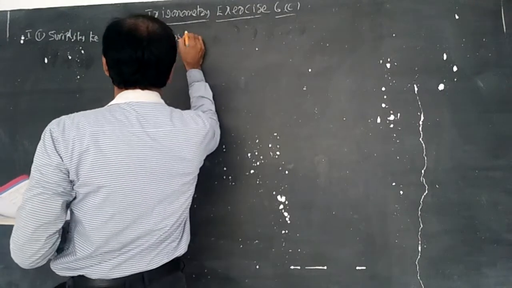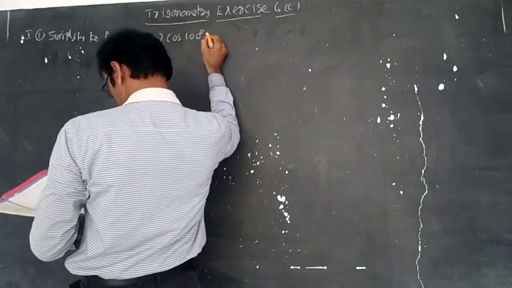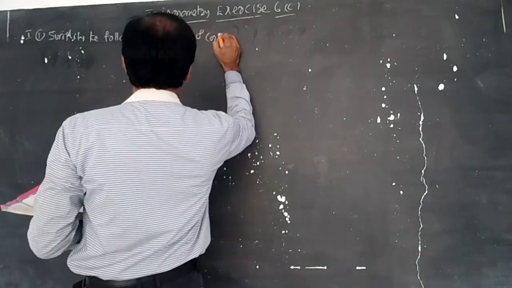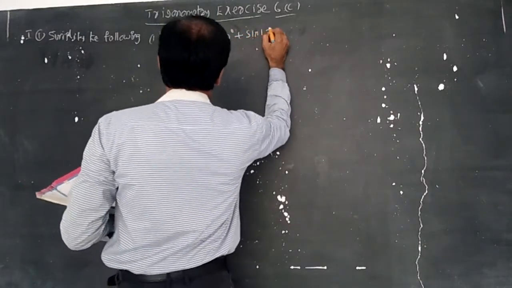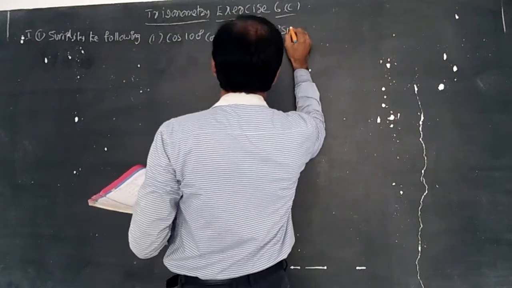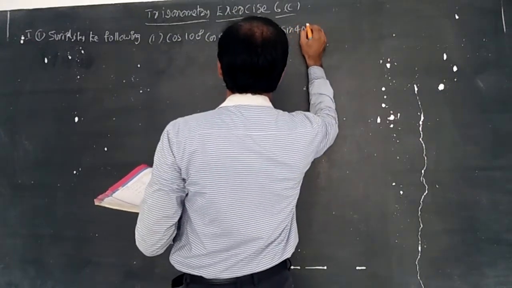First one, cos 100 degrees into cos 40 degrees plus sin 100 degrees into sin 40 degrees.